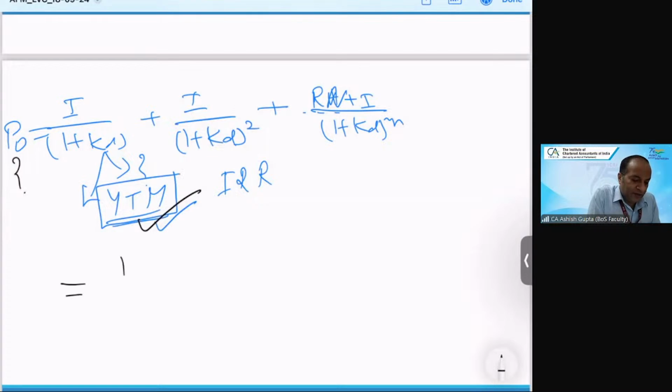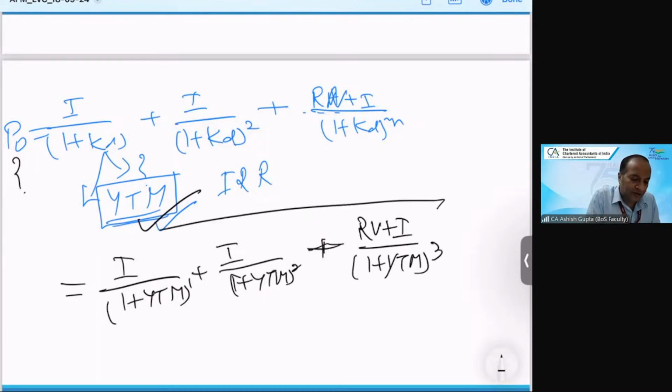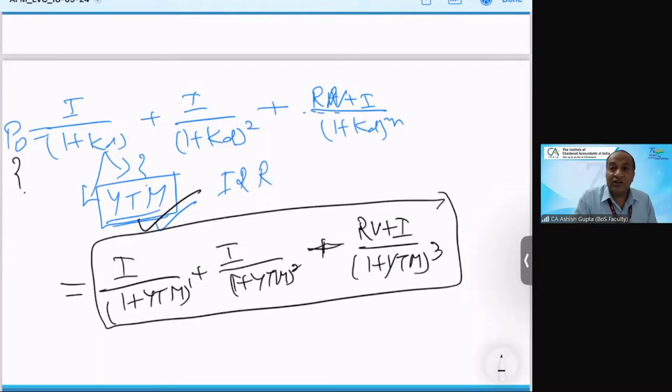Accordingly, we shall use YTM, 1 plus YTM raised to power 2, and so on. Ultimately, if the security is redeemable after 3 years, I will calculate the discounted value of the associated cash flows, and we will compute the value of the bond or debenture.